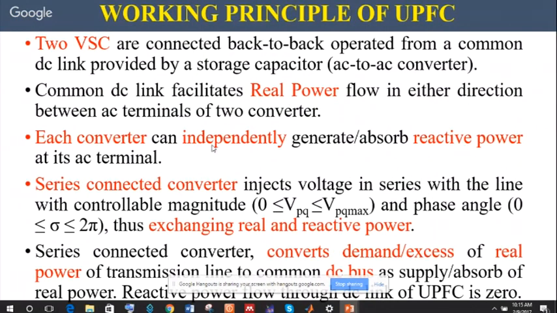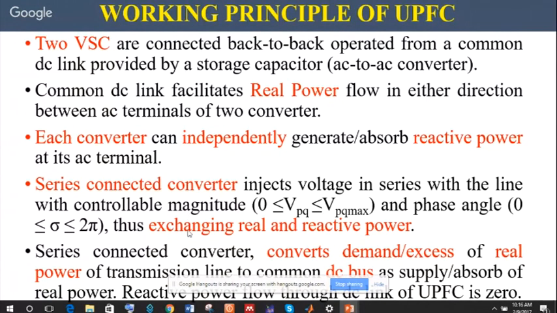So each converter can independently generate or absorb reactive power at its AC terminals. This common DC link facilitates real power flow in either direction between the AC terminals of the two converters. Also, we can see that the series connected converter can inject voltage in series with the line, of controllable magnitude and phase.